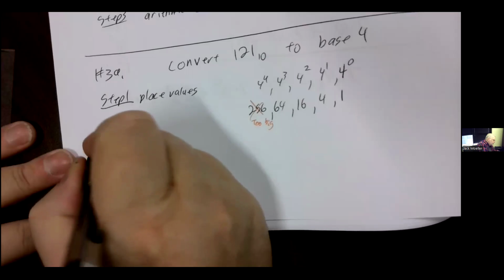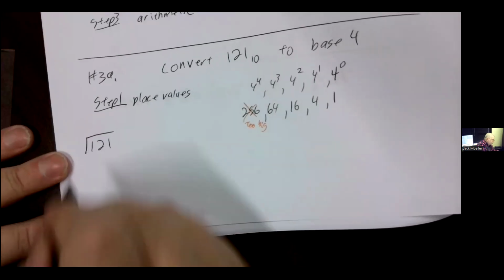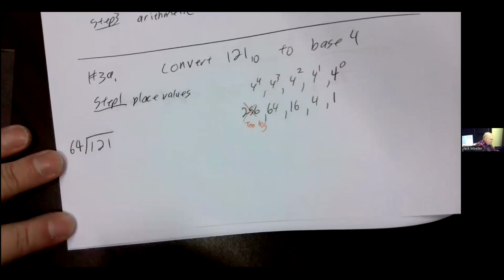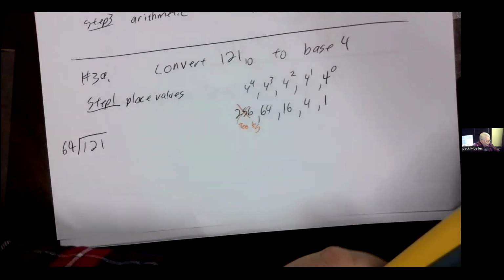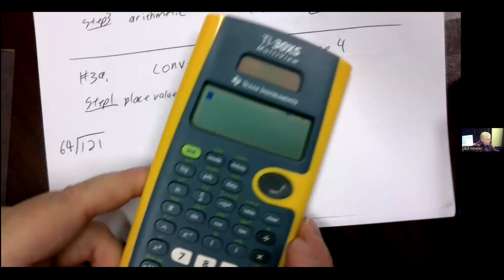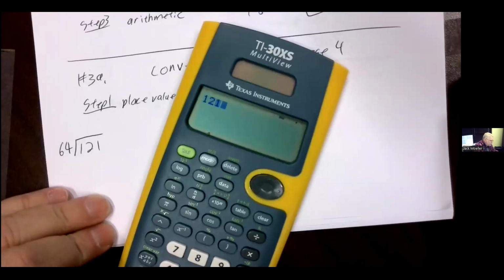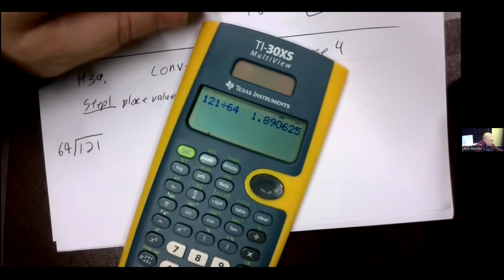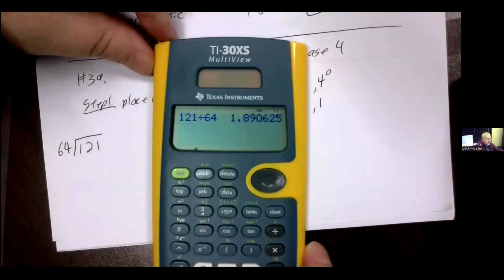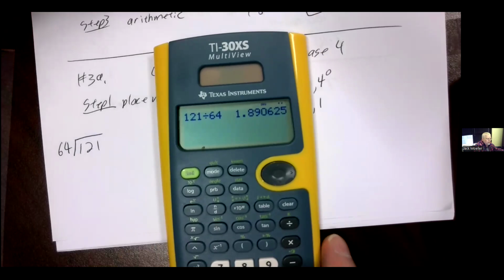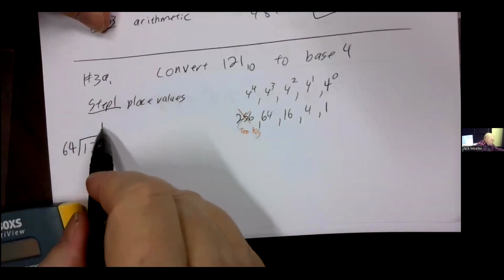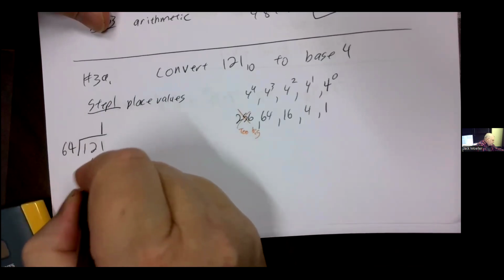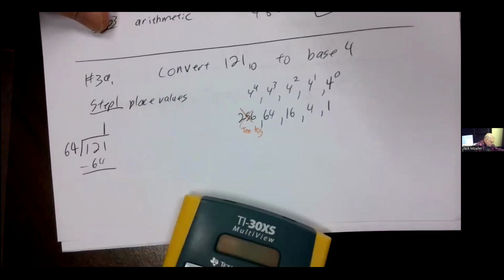We're going to do 121 divided by 64. How many times is 64 going into 121? If you need your calculator, remember we're only looking for the whole number part, not the decimal. So 64 will go into 121 one time. Now you need the remainder. So 1 times 64 is 64. Do the subtraction.